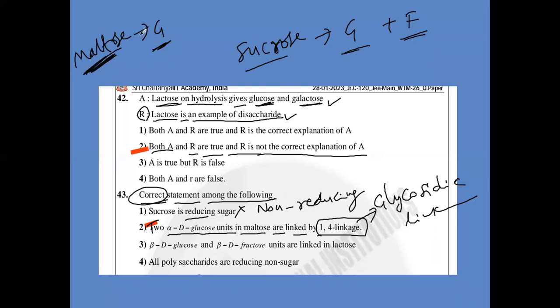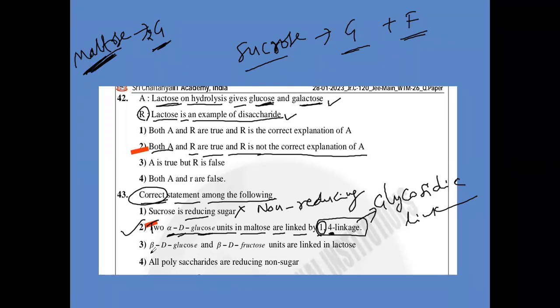I told you maltose will give how many glucose units? 2. Which type of glucose? Alpha D glucose units. And both alpha D glucose units will be joined with each other by what now? The first carbon of one glucose and the fourth carbon of another glucose will be linked. So this is the correct statement.